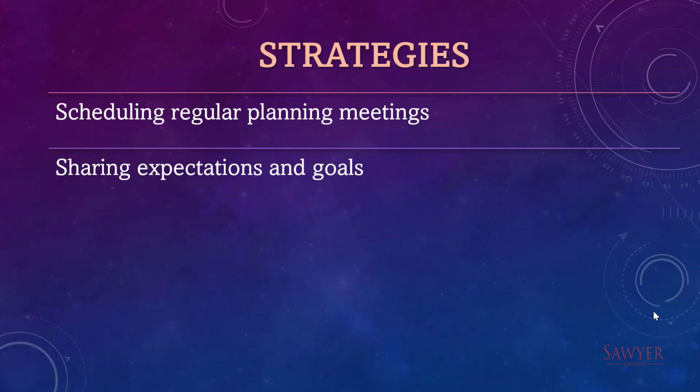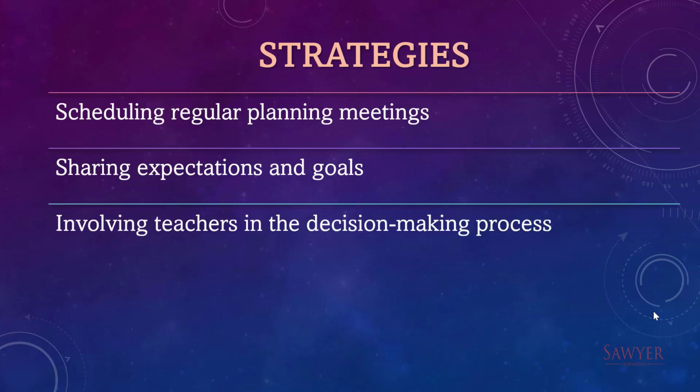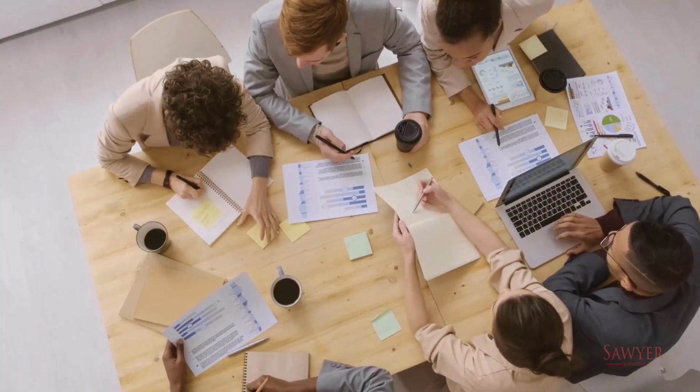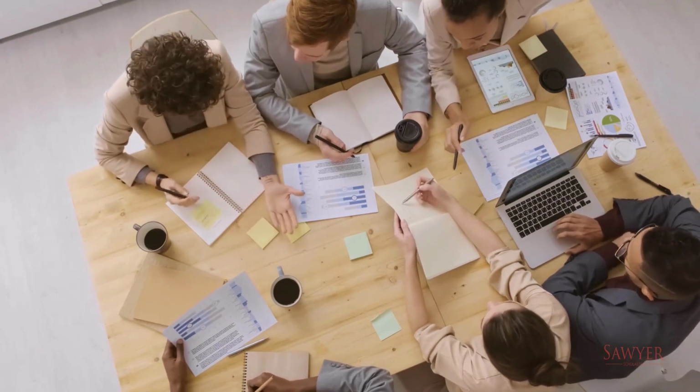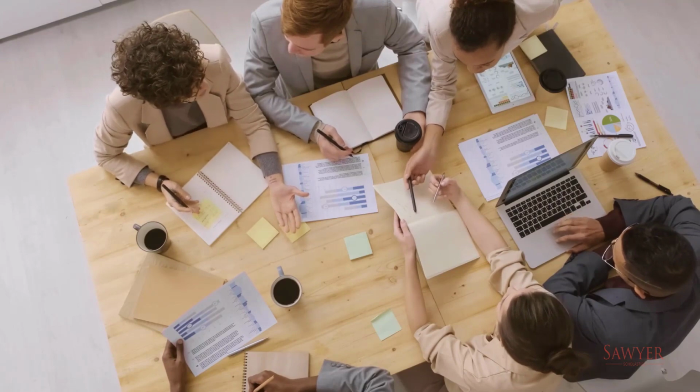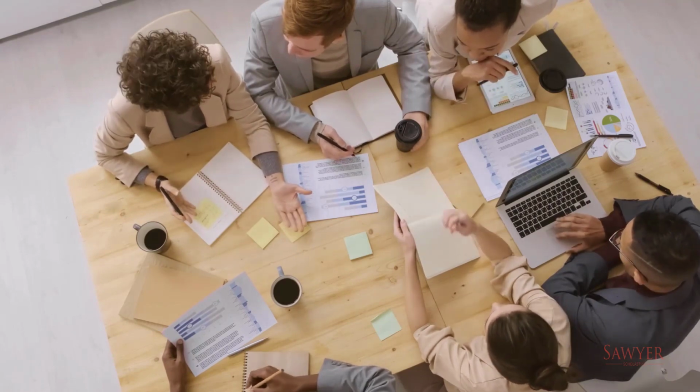Next, a strategy would be involving teachers in the decision-making process. As I said earlier, making sure that all the teachers buy into the decisions that are being made will go a long way in reaching success, reaching all the goals that you have set. Make sure that you involve them.